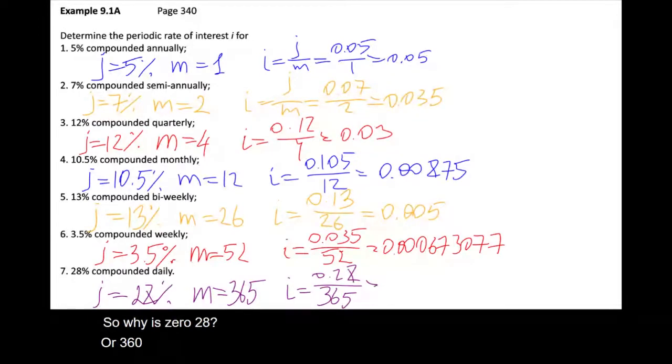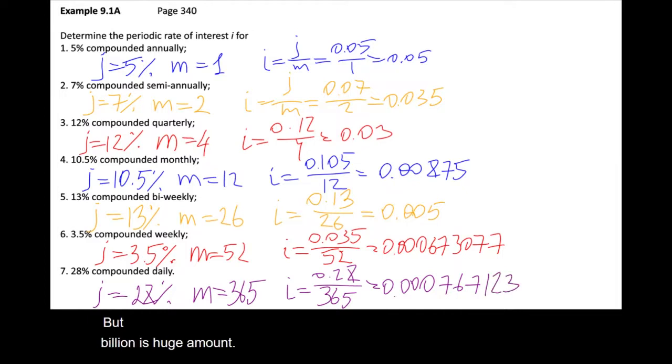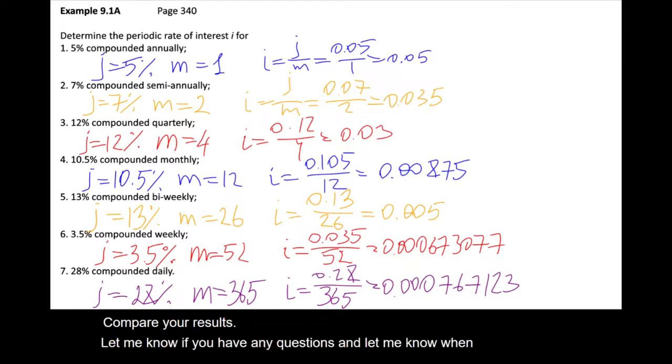The number visually is very small, but believe me, it's a big amount. It's not huge, but big enough. So those are the answers for 5, 6, and 7. Compare your results. Let me know if you have any questions, and let me know when you're good to continue.